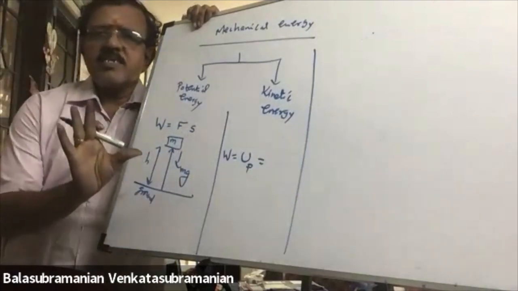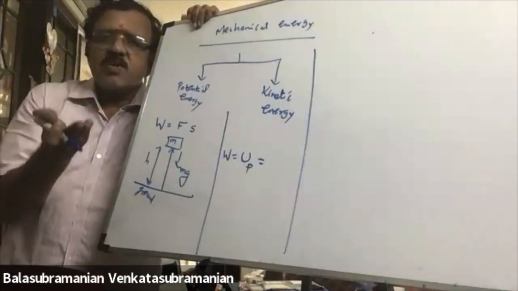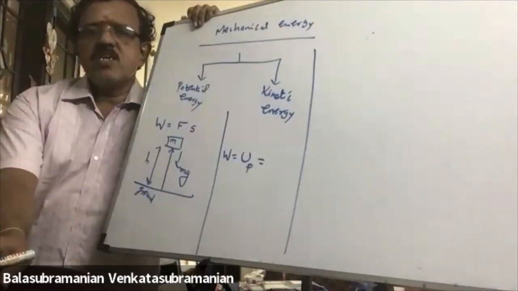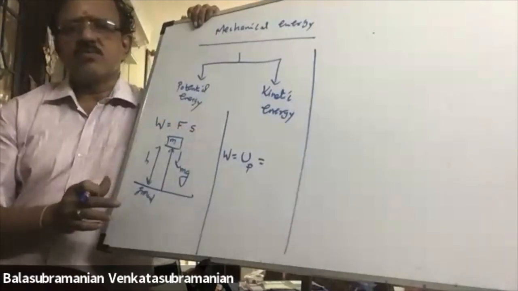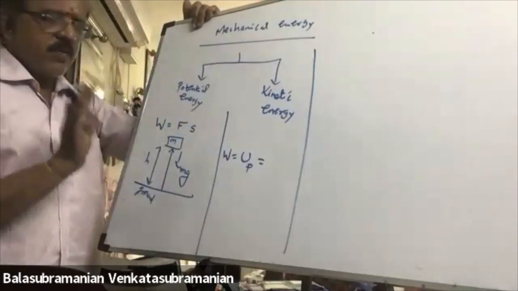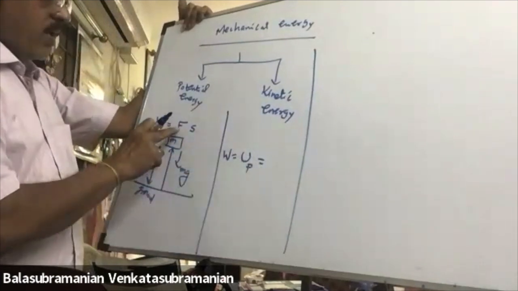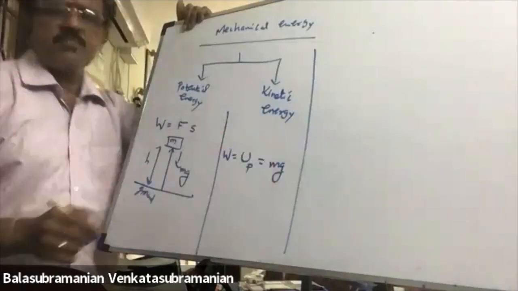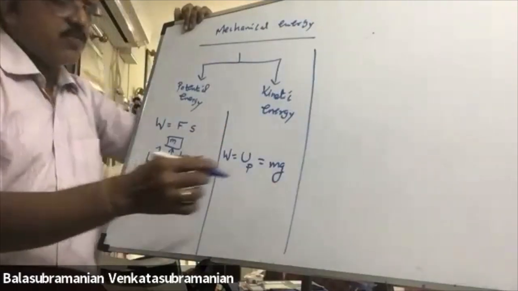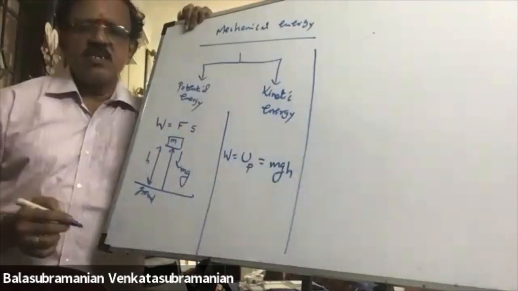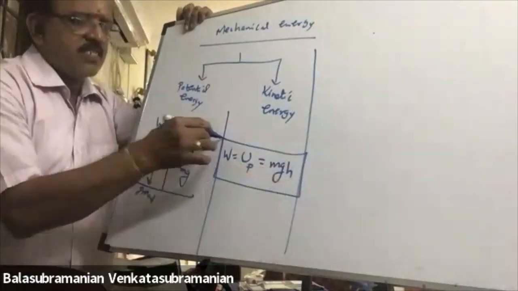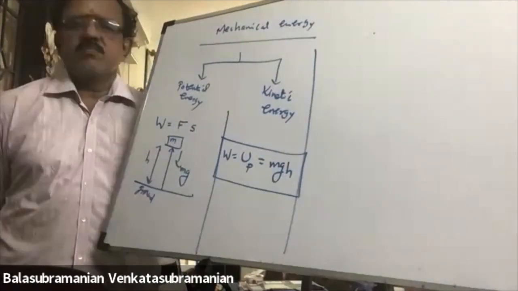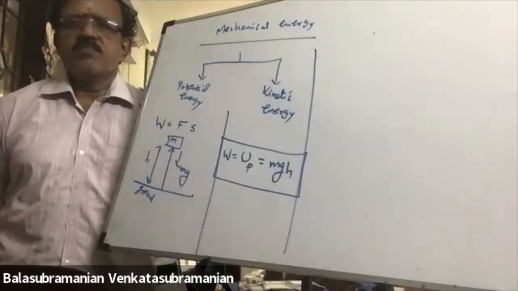You are raising the body to a height, so theta is equal to 0. Theta is equal to 0 means Fs cos 0. So Fs. What is the formula? Force into displacement. The force here is nothing but the weight of the body, mg, and the displacement here is nothing but h. So the potential energy for a body which is raised to a height is mgh.